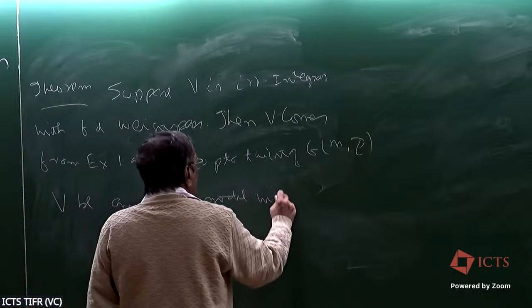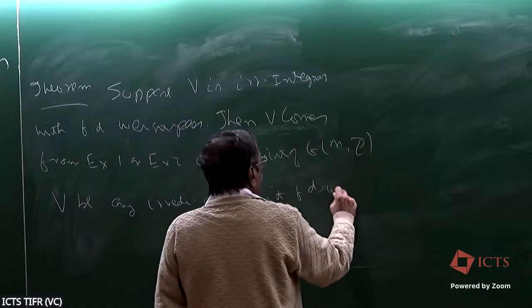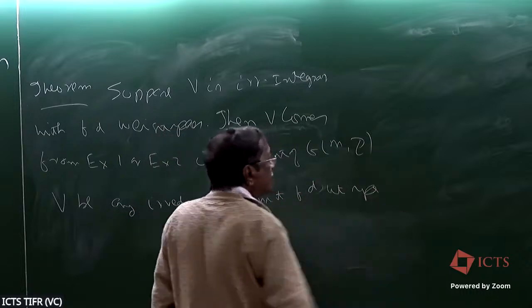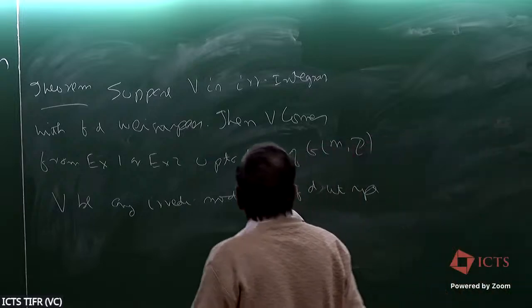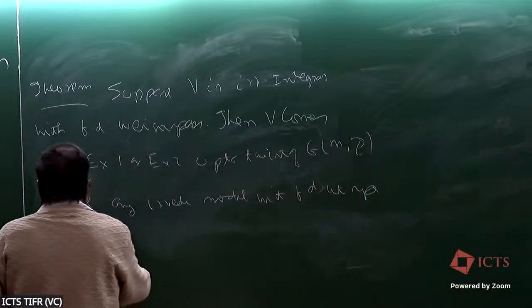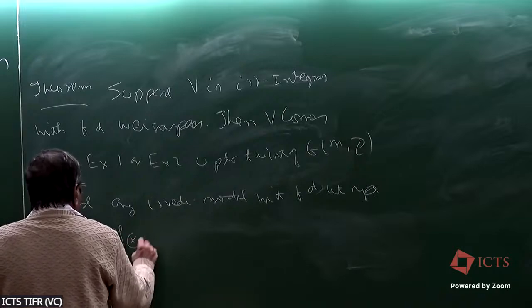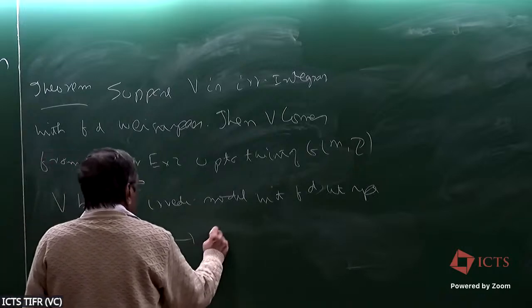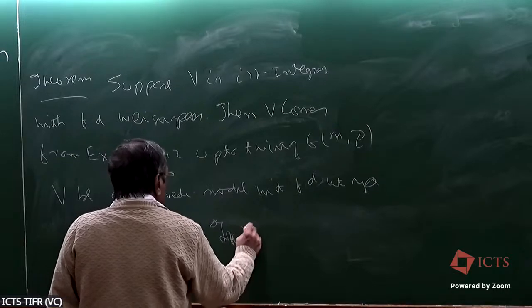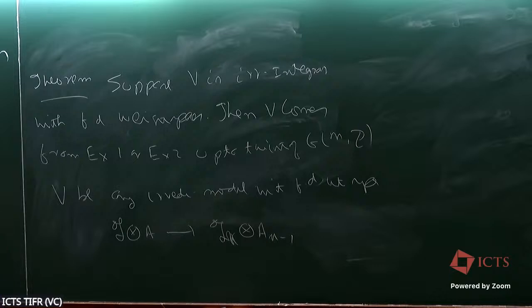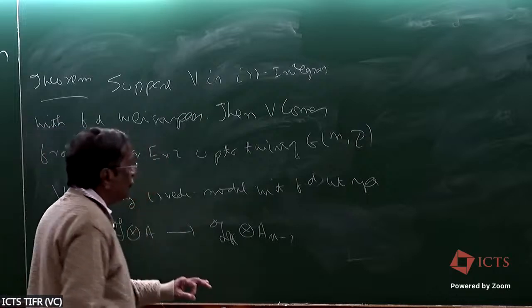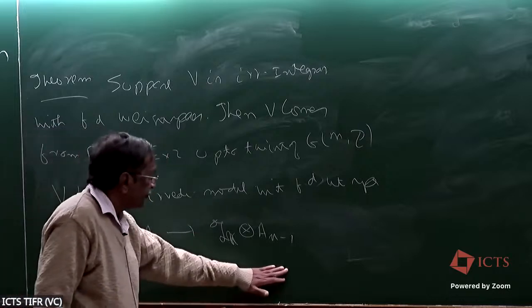With finite dimensional weight spaces. Okay, I wrote there, but I will again write here. So I have given a map. Given any irreducible module with finite weight spaces, you can choose coordinates in such a way that it factors through this.